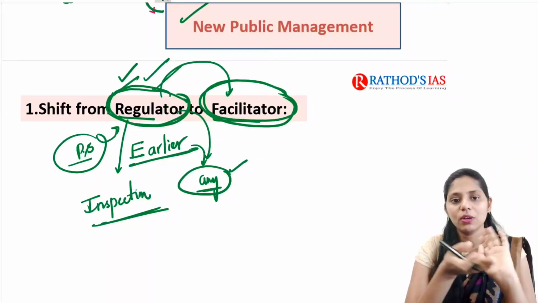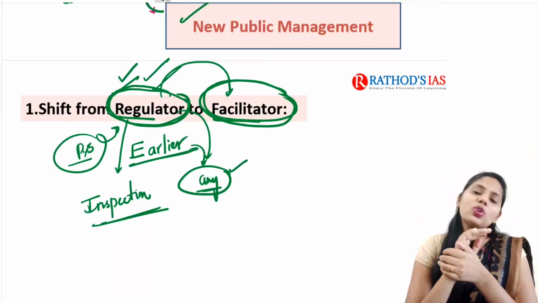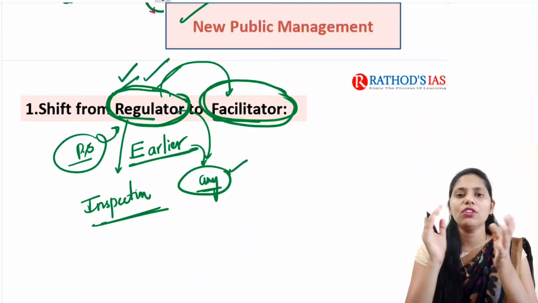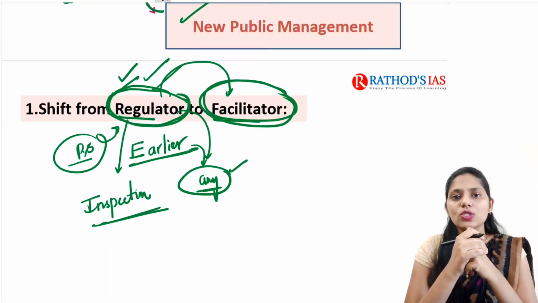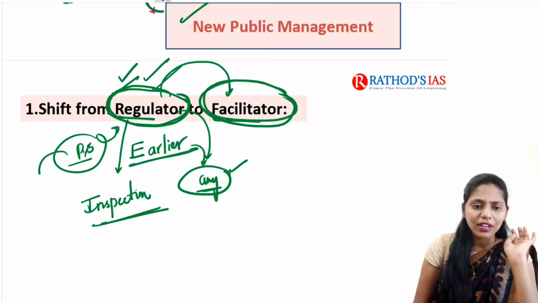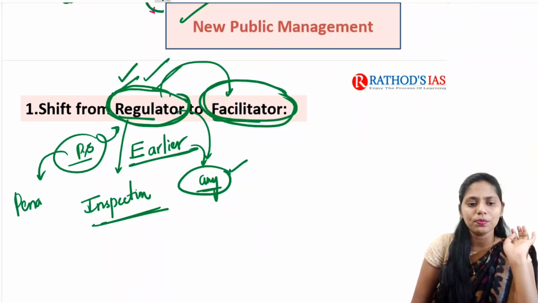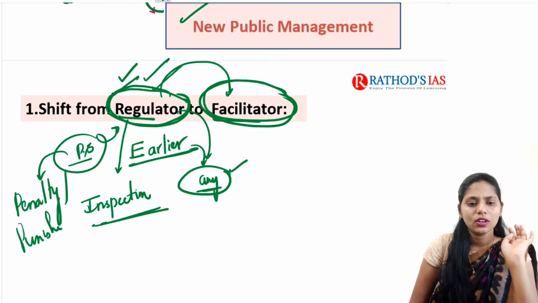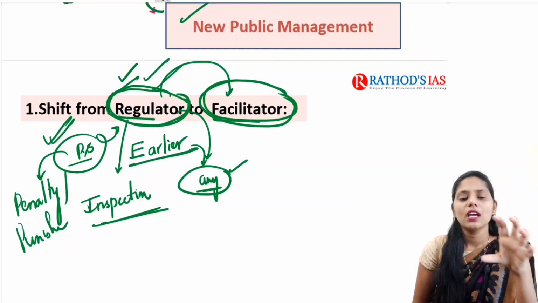This inspection will be there under regulation. Whenever you go for inspection, if you find anything non-compliant with rules and regulations, you will have the authority to impose a penalty or give some punishment. Okay, this is the work under regulation.